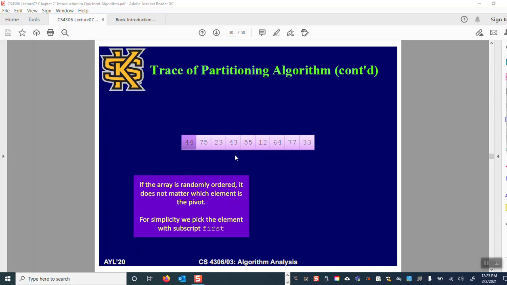The left side elements are less than the pivot element, and the right side elements are greater than the pivot element.